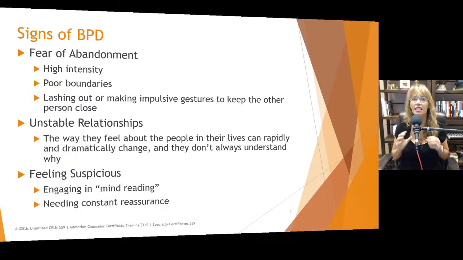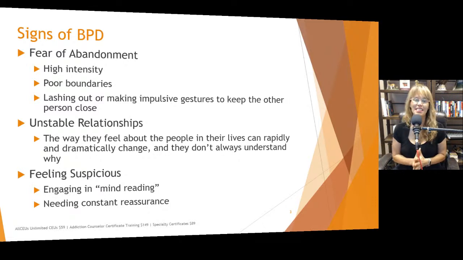Another characteristic that comes out with this fear of abandonment is when the person notices any sort of micro sign that they may be getting rejected or that you may abandon them. If you start to set boundaries, for example, it's very common for them to lash out or make impulsive gestures to keep you close. It comes out as a, look what you made me do.